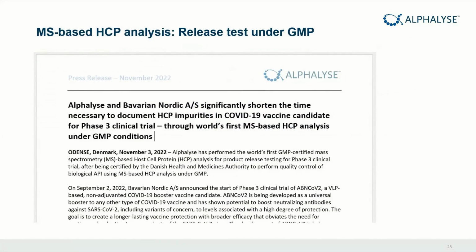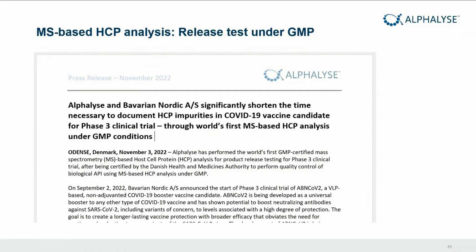So first, I want to share with you this press release that we did last week. It's a collaboration between Bavarian Nordic and ELISA. Bavarian Nordic is developing a COVID-19 vaccine. It's a complex product. It's a virus-like particle-based vaccine.